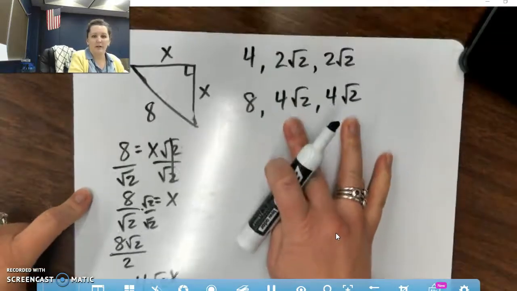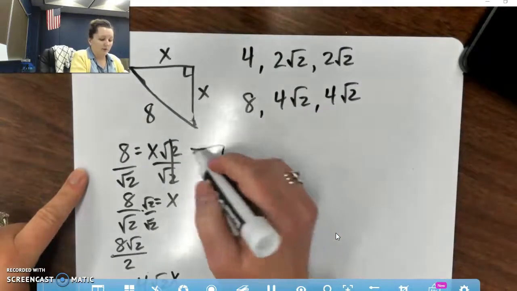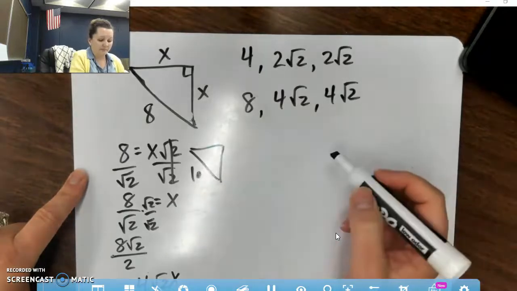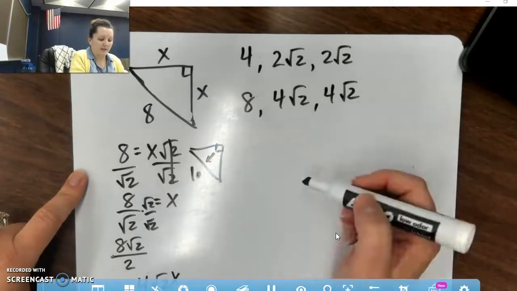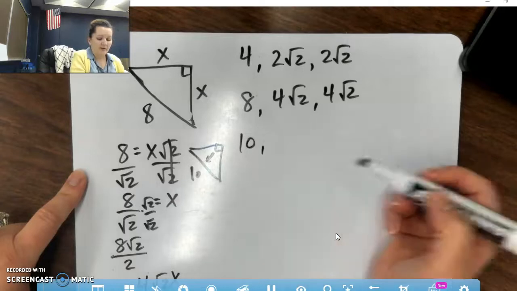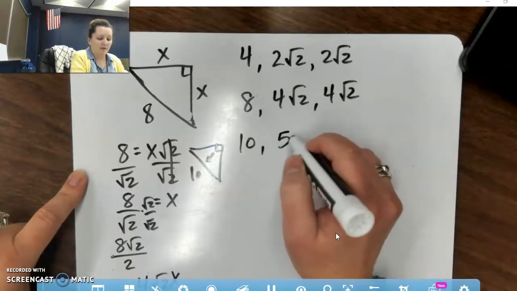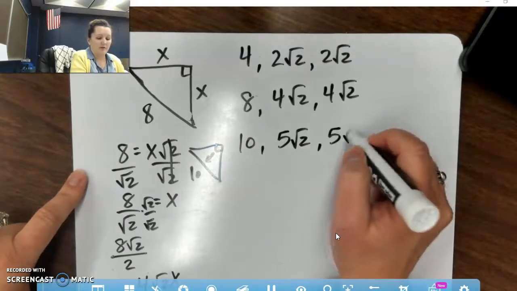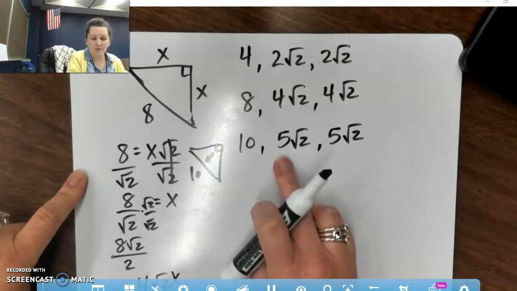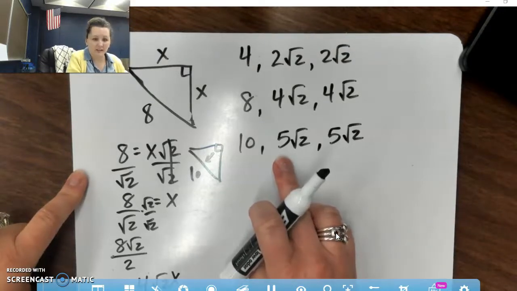So I just proved that. Okay. What if we have a triangle that has a hypotenuse of 10? So if my hypotenuse is 10, then my legs are going to be 5 root 2 and 5 root 2. See what I'm doing? I'm just dividing it by 2. That's the trick. That's the pattern.